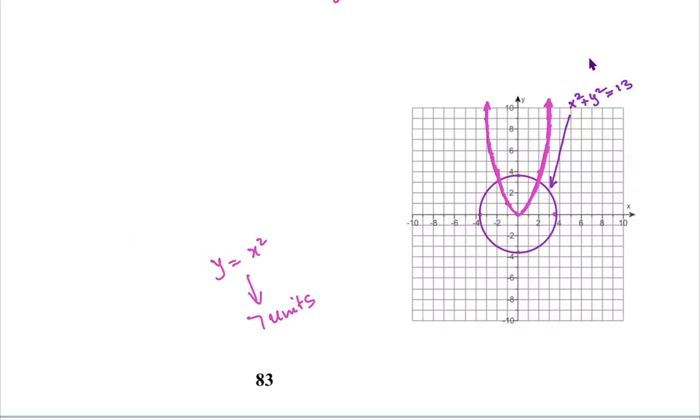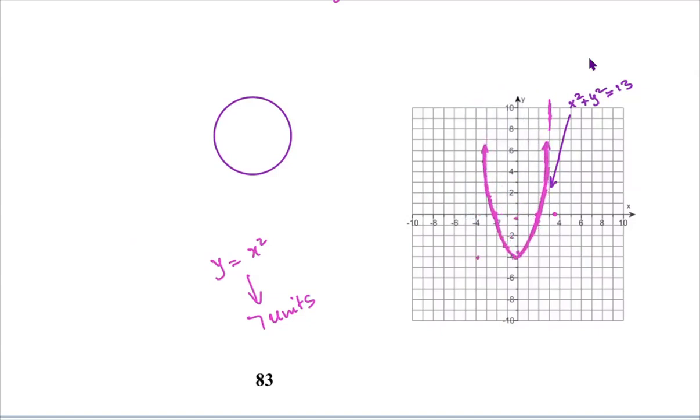So let me move this over so I can drag it. 7 negative. Okay, so that's this. Ooh, missed that point. Okay, so never mind. All right, and then the circle here.